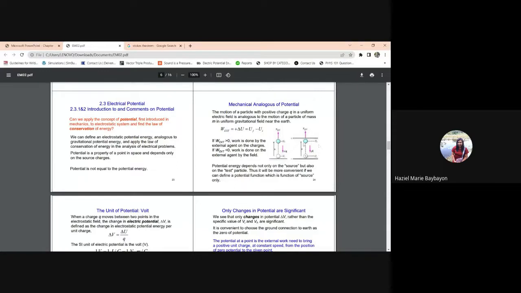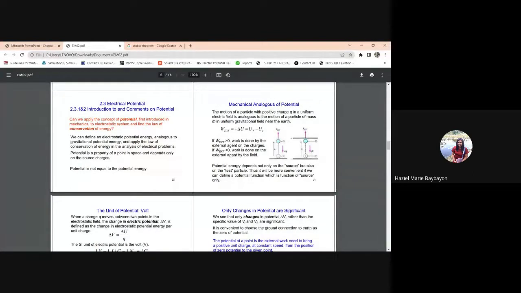Here, our field is the electric field. If the work is greater than 0, or positive, then the work is done by the external agent on the charges. But if the work is negative, the work is done on the external agent by the field.